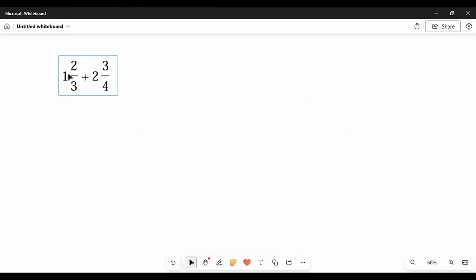Most of you might have done converting the two fractions to improper first. So 3 into 1, 3 plus 2, 5. So it's going to be 5 over 3 plus 4 into 2, 8, 8 plus 3, 11. So 11 over 4. And then you can add these two by making the denominators the same. The common denominator is going to be 12.